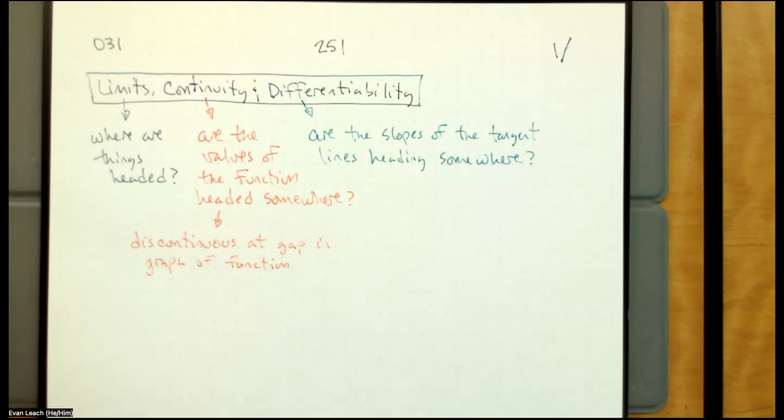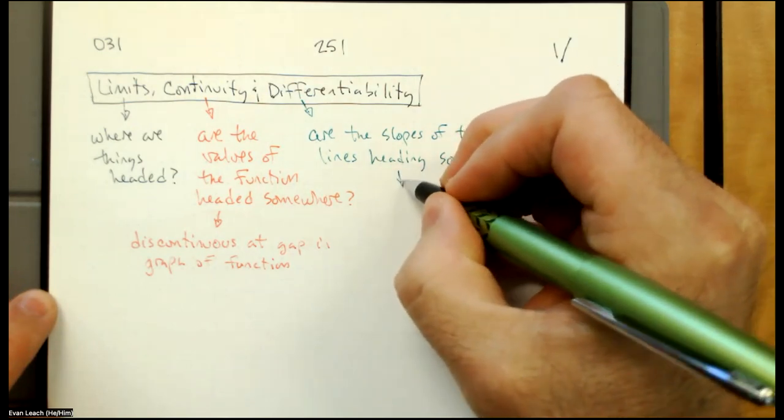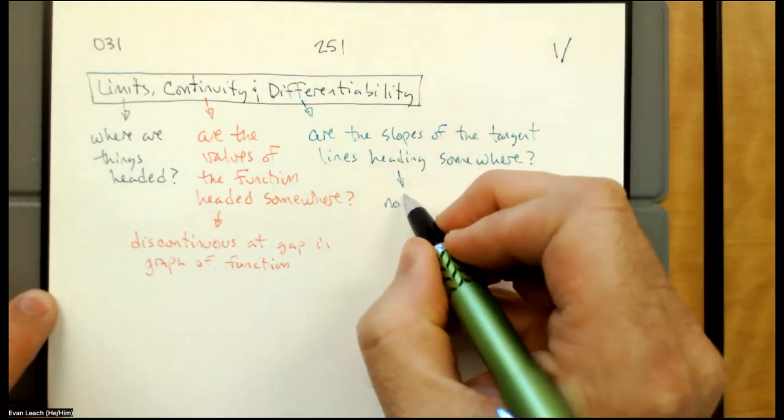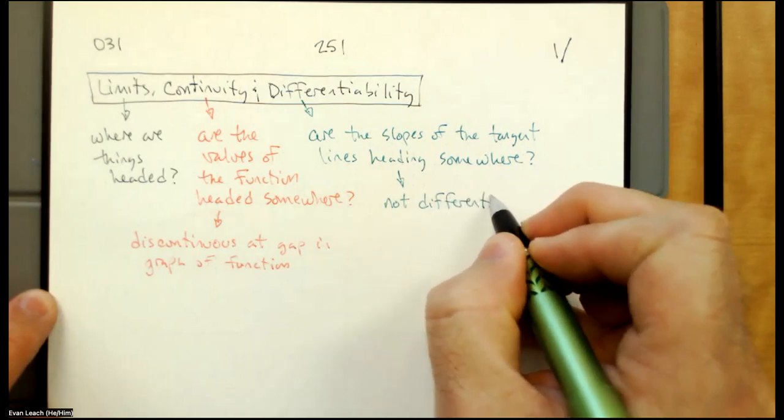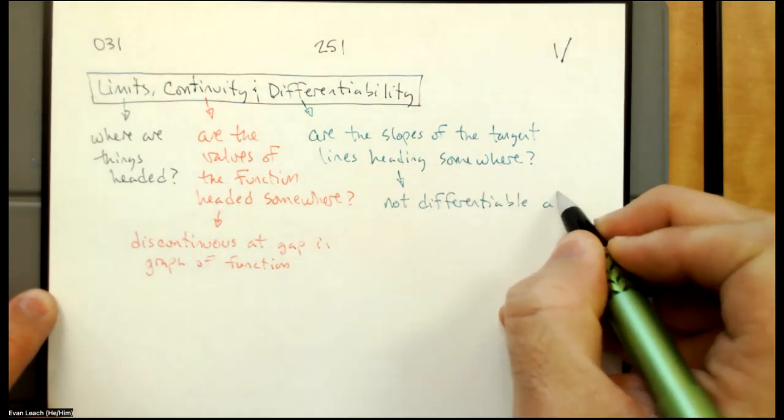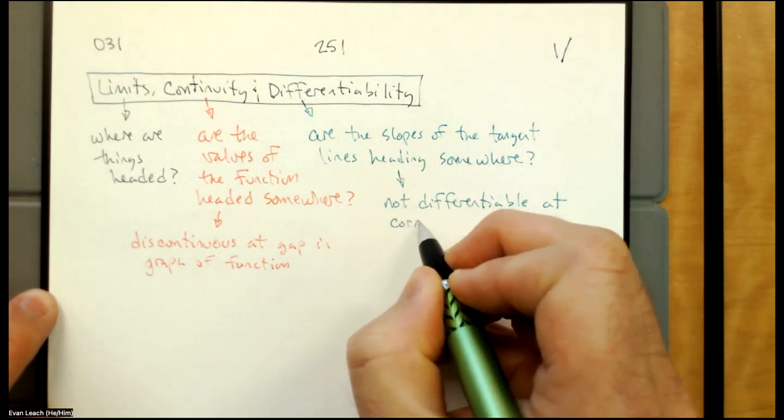So continuity is about, is the graph connected? Differentiability is about, is the graph smooth? We say smooth because the place where a function is not differentiable, that means we're going to have a corner. So not differentiable at corners.